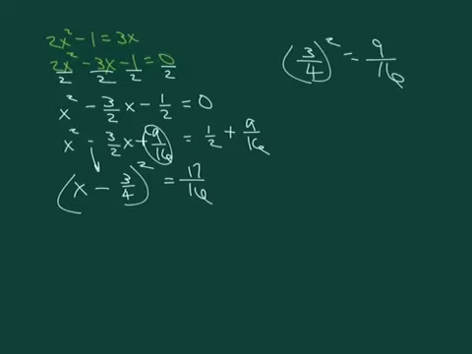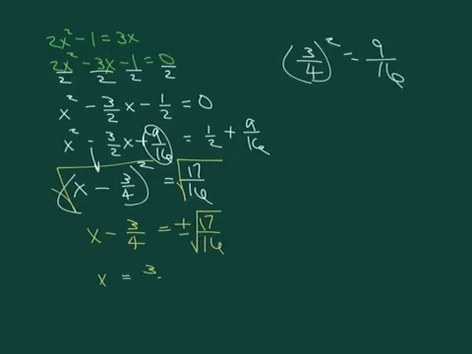Okay, now we take the square root of both sides, and we have x minus 3/4 equals plus or minus the square root of 17 over 16. Oops, that's under a square root sign. Okay, so we get x equals 3/4 plus or minus the square root of 17.